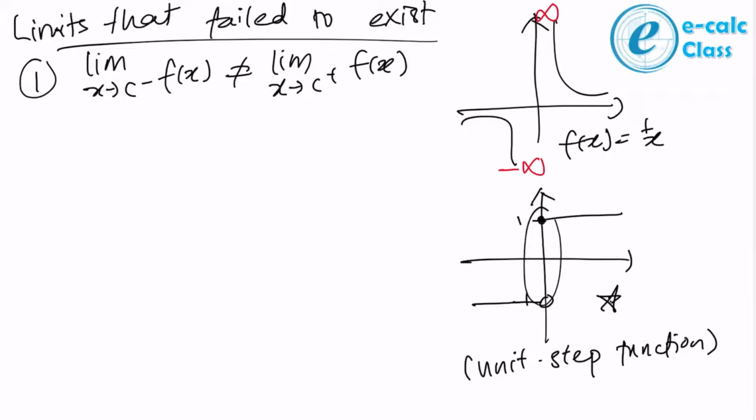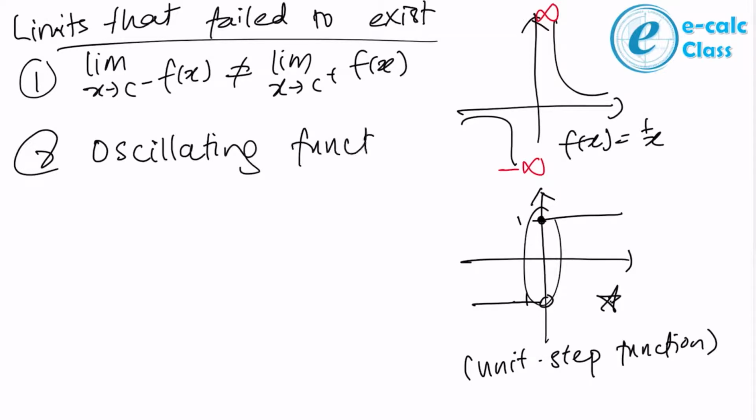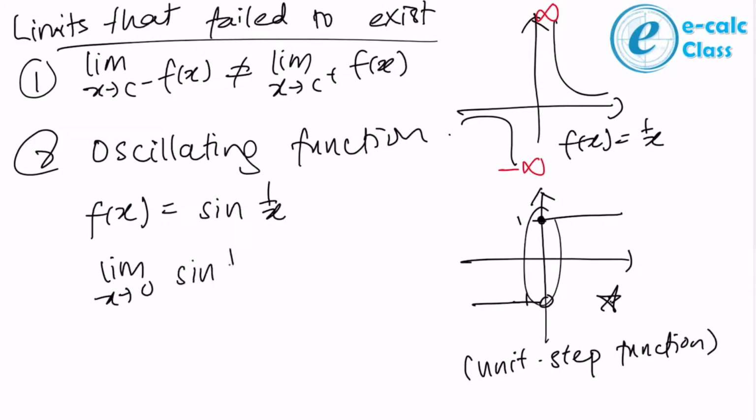Now I want to talk about the second situation where the limit fails to exist, which is when you have an oscillating function. A very typical example is f(x) equals sine of 1 over x, and the limit as x approaches 0 of sine 1 over x. If you plot the graph, you have something like this.